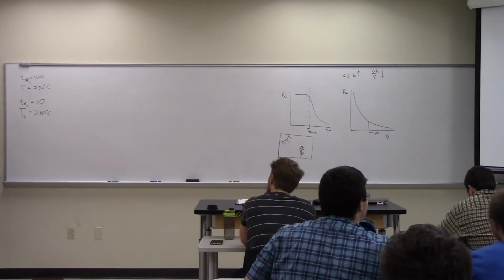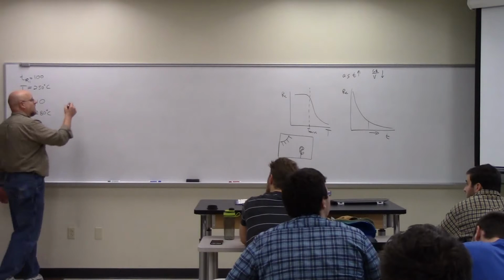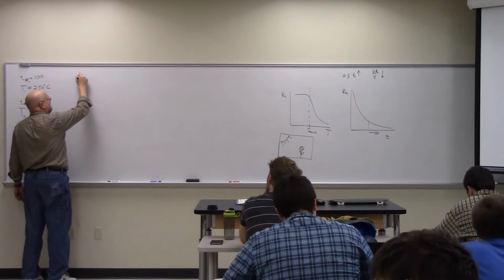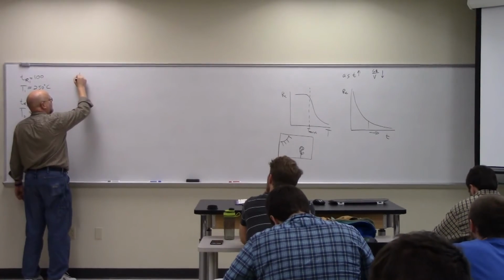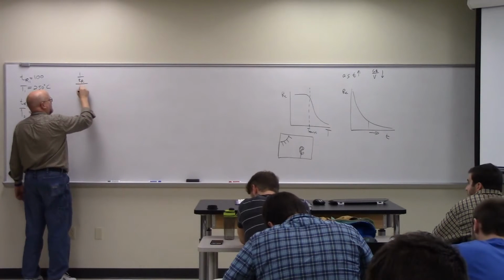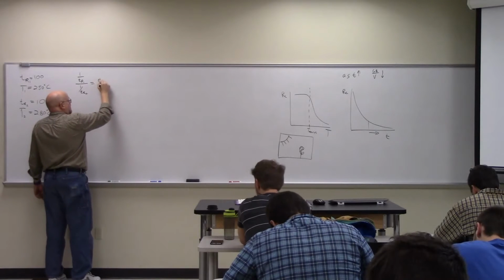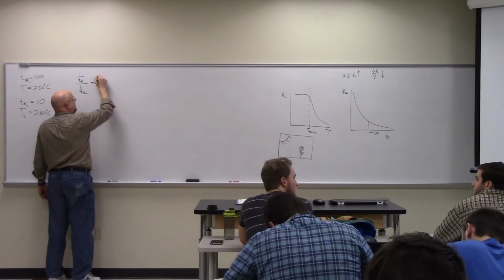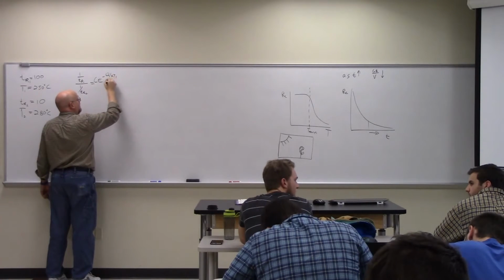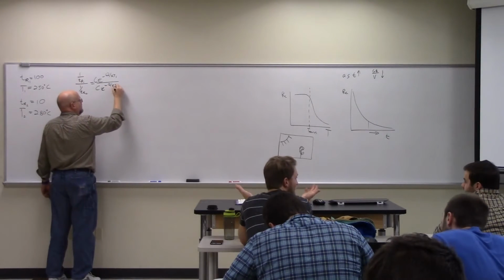So what do we do? We take a ratio of one TR to the other. 1 over TR1 divided by 1 over TR2 is equal to C e to the minus Q over RT1 divided by C e to the minus Q over RT2.